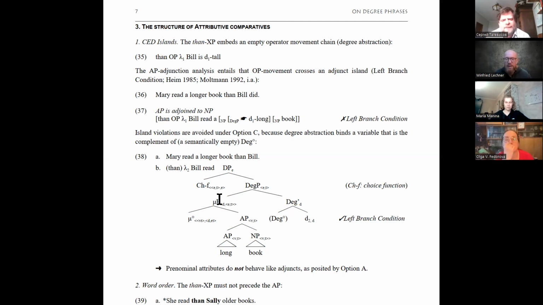So crucially, the assumption that we have option C available, in which the degree phrase contains the AP, and the AP and NP form a unit, allows you to avoid locality effects that are not there.